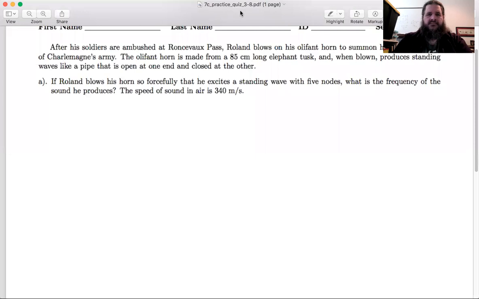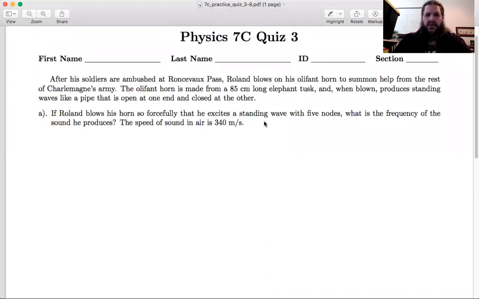All right, then let me pull up that other example that you sent. This is the one with the Olefonts horn. So here we've got a horn that acts like a pipe that's open at one end and closed on the other.